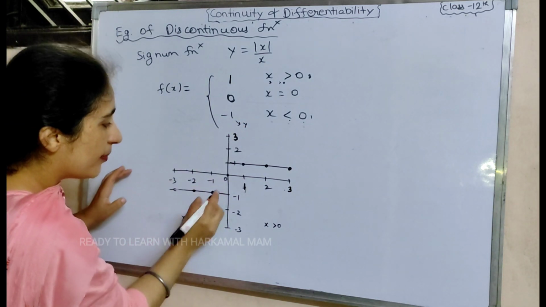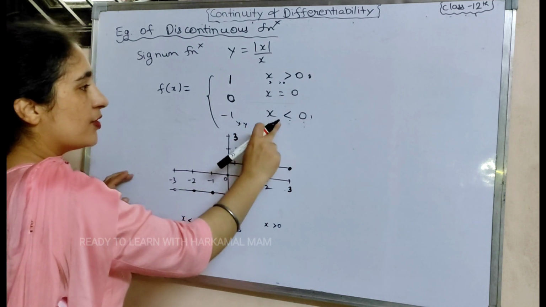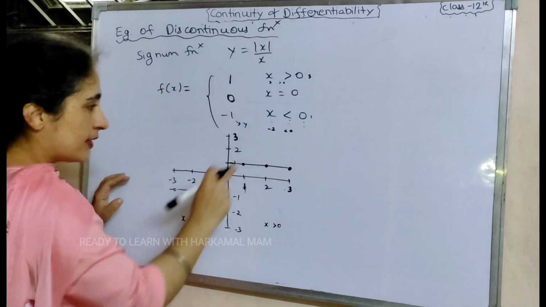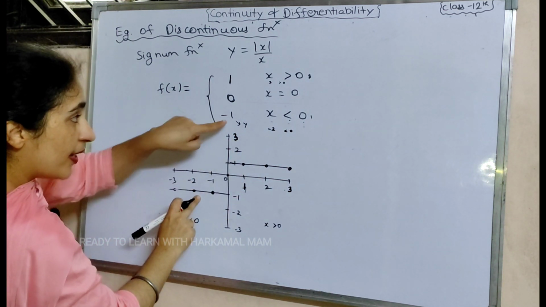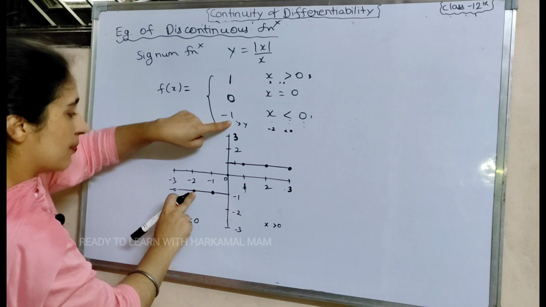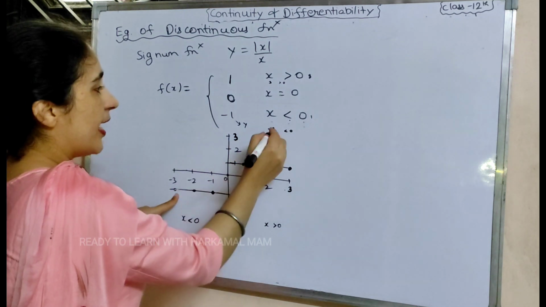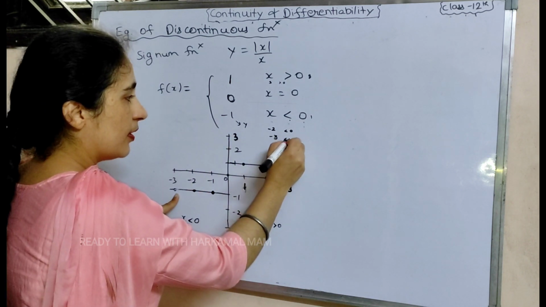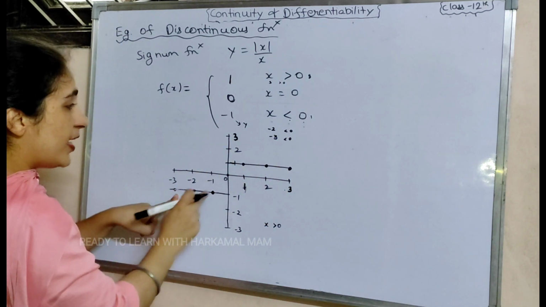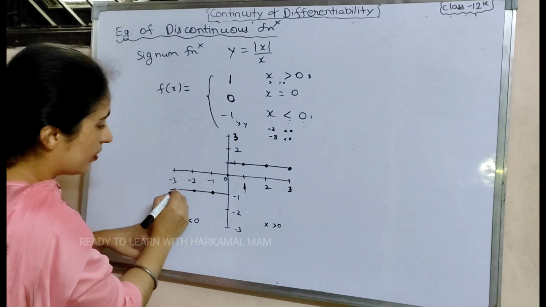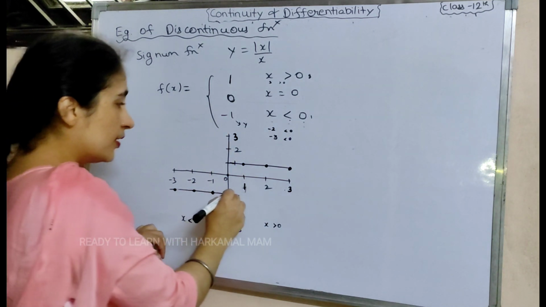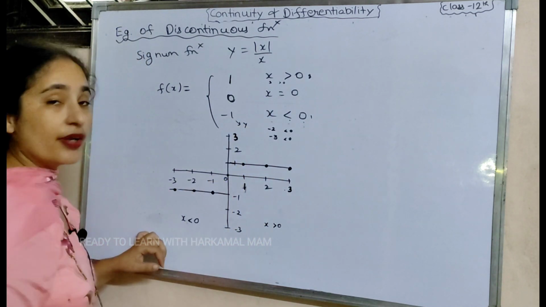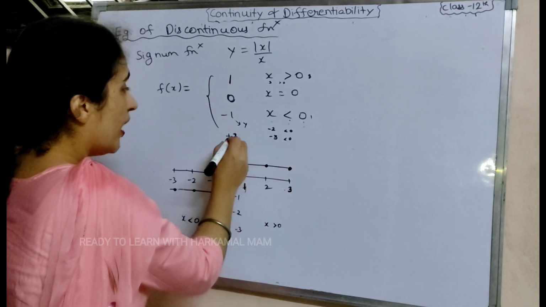If we take x is minus 2, the value of y remains minus 1. When we take x is equal to minus 3, the value of y remains minus 1. Now when x is 0, the value of y remains 0.